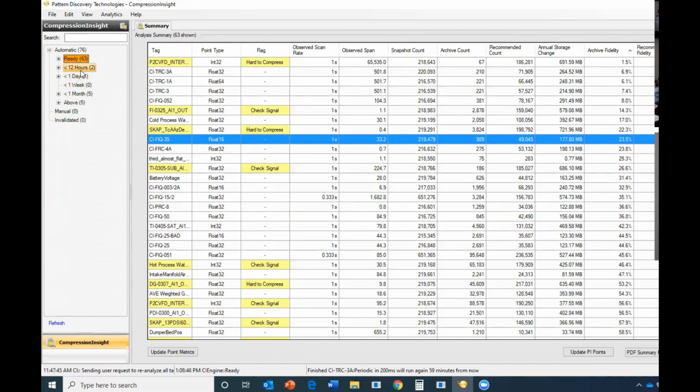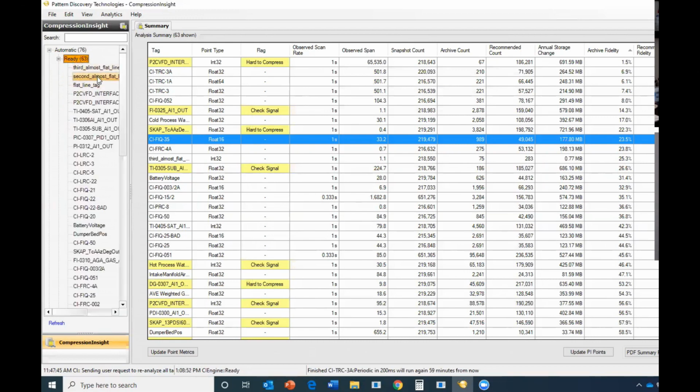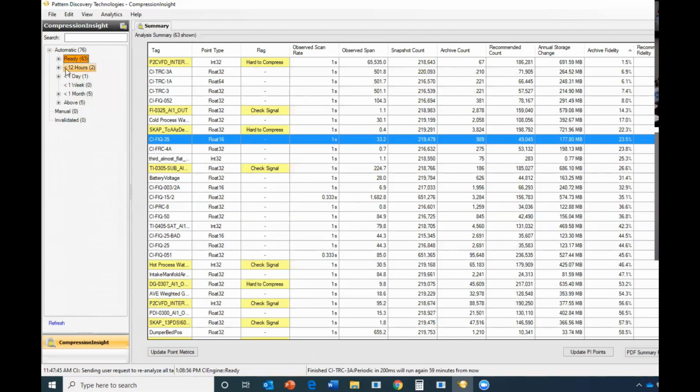All of these in this ready category, we have already made recommendations. We are continuously making recommendations, and it all depends on the scan rate that we're receiving data. So typically a 1 second scan rate will take us about 1 day to make a statistically valid recommendation and promote that through to be in this ready mode.